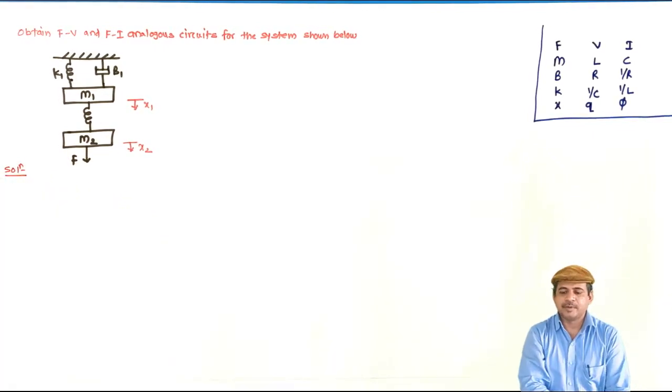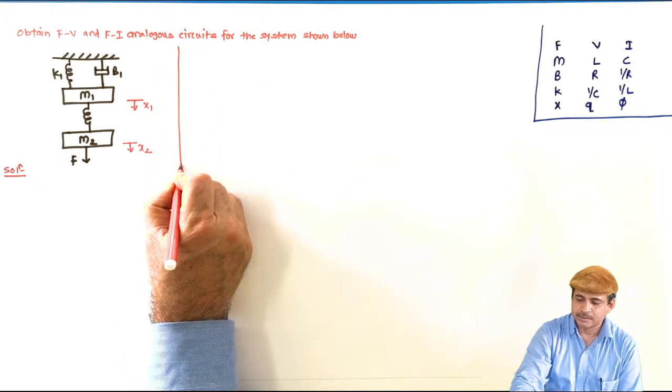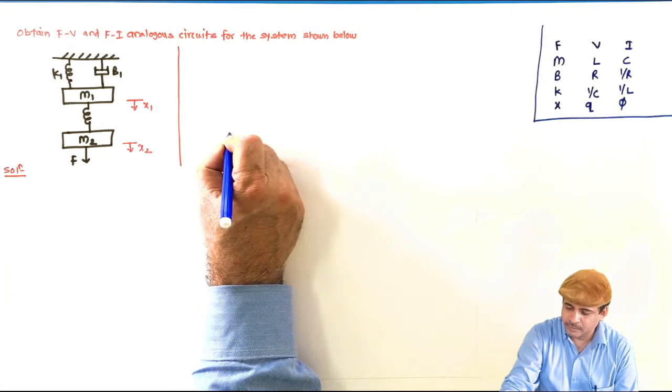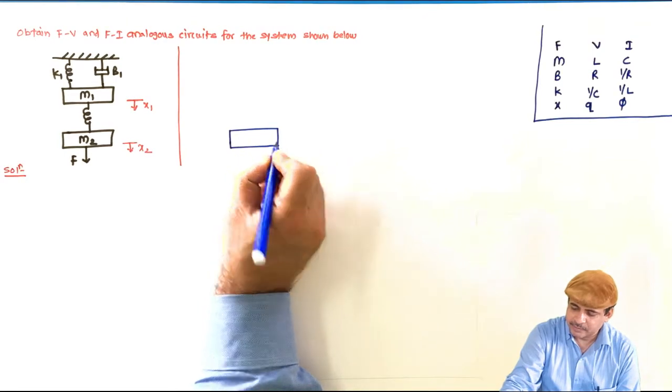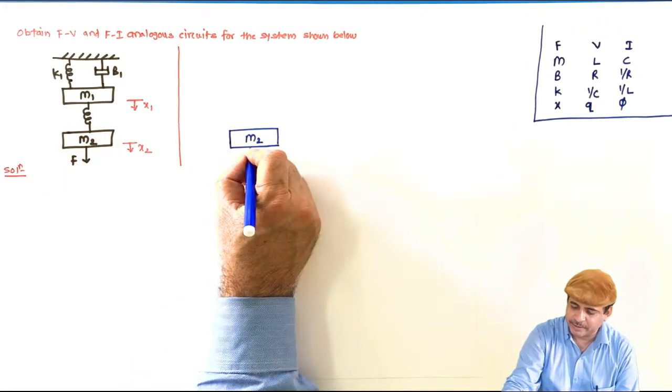First step, we will draw the FBD. As learned earlier, we start with the body M2 because force is applied here.